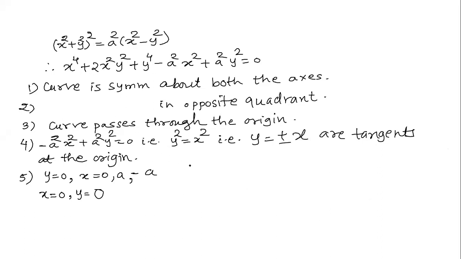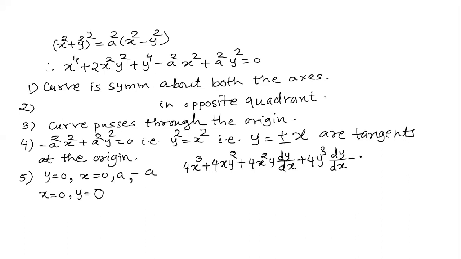X to the power 4 has derivative 4 into x to the power 3, plus 2x square y square differentiated with respect to x gives 4 into x into y square plus 4 into x square into y into dy by dx, plus 4y to the power 3 into dy by dx.